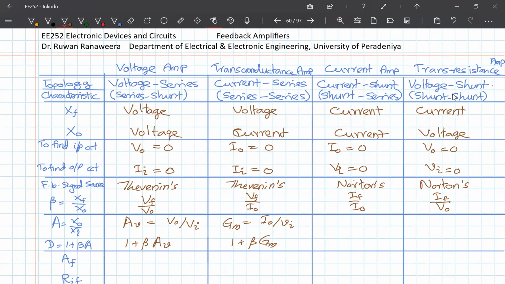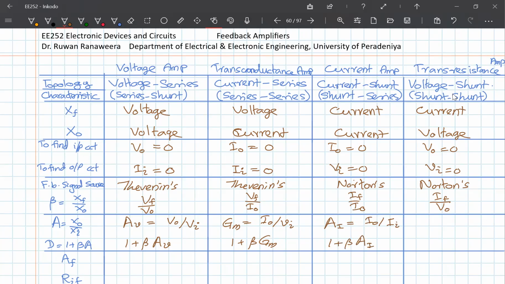And for the current amplifier, the current gain is equal to I out over I in, and 1 plus beta A_I will be the loop gain.